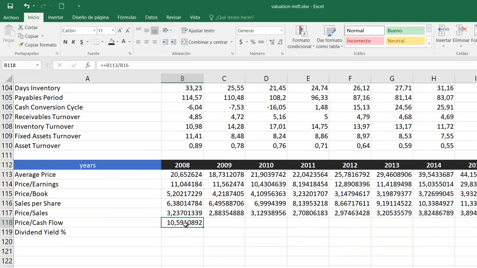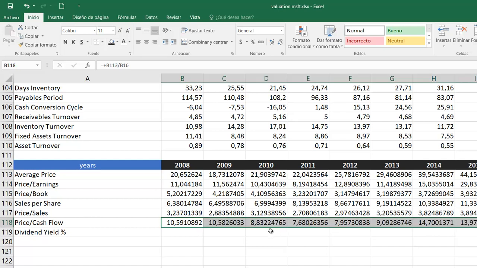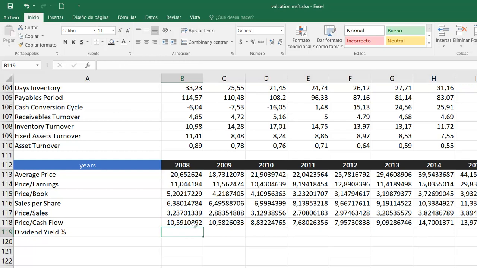So the market was paying in 2008 10 times the cash flow per share, and that is increasing over time. The price has been increasing more than the cash flow per share does. That reflects that the market is valuing the company greater than it actually does on the cash flow per share.